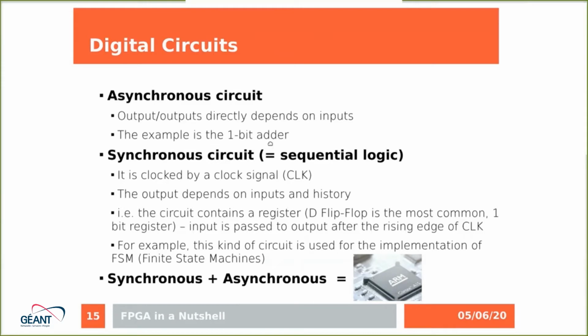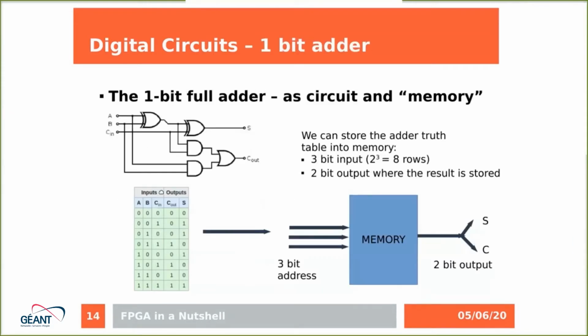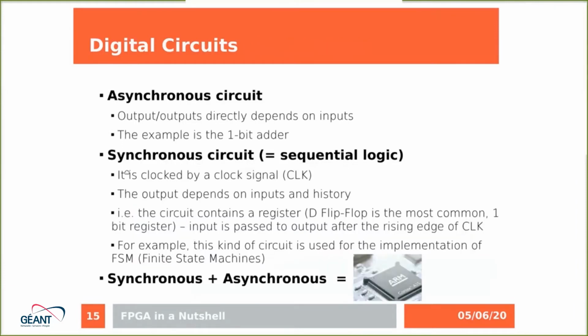The synchronous circuit can be understood as sequential logic. So this kind of digital circuit is clocked by a clock signal, and the output depends on inputs and history. So very typically you have a memory element inside this circuit, for example, the 1-bit register, which is called a D flip-flop.